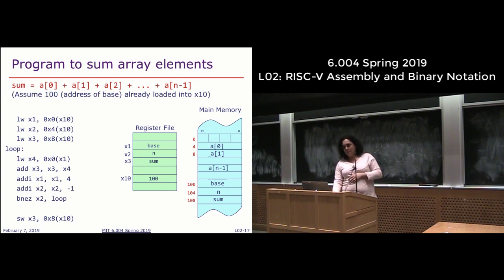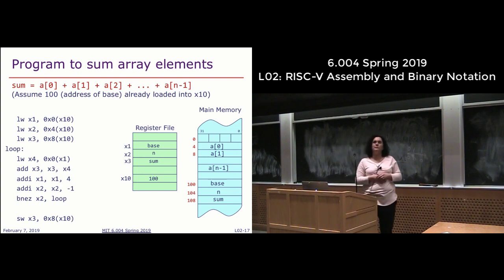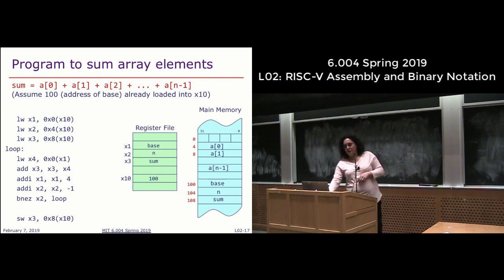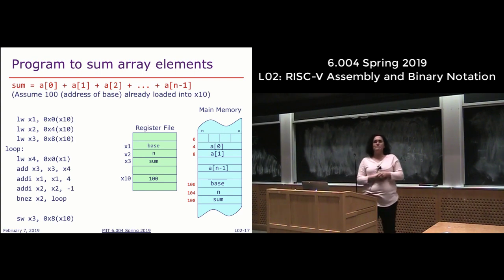And I'm going to assume that the address of where I can find this value of variable base has already been brought into some register. Okay? So how do I write this code? The first thing I'm going to do is fetch that value of base. So where is base in my memory?